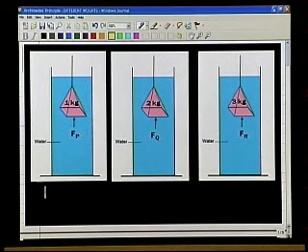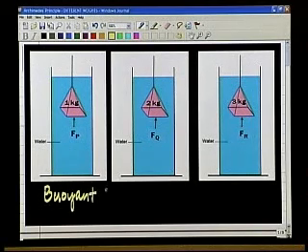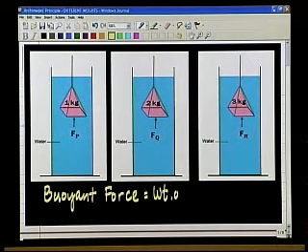Remember that the buoyant force, what is it equal to? It is equal to the weight of the liquid displaced. And in this case, it is equal to the weight of the water displaced.